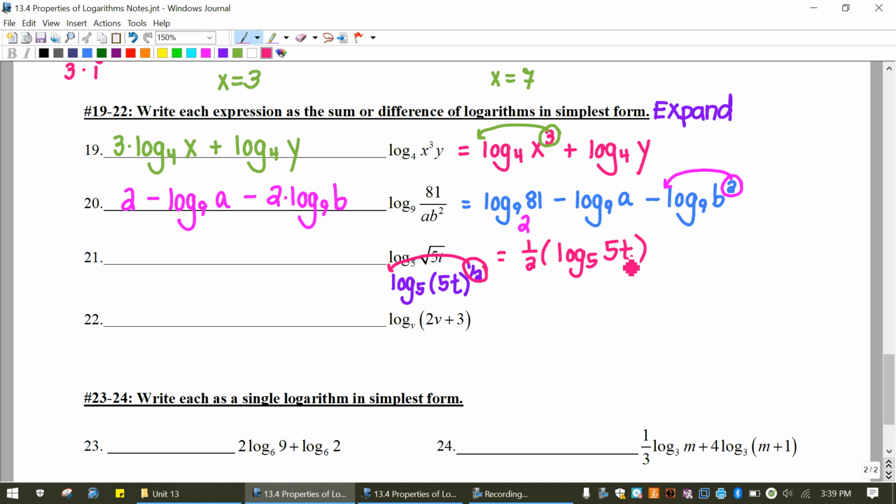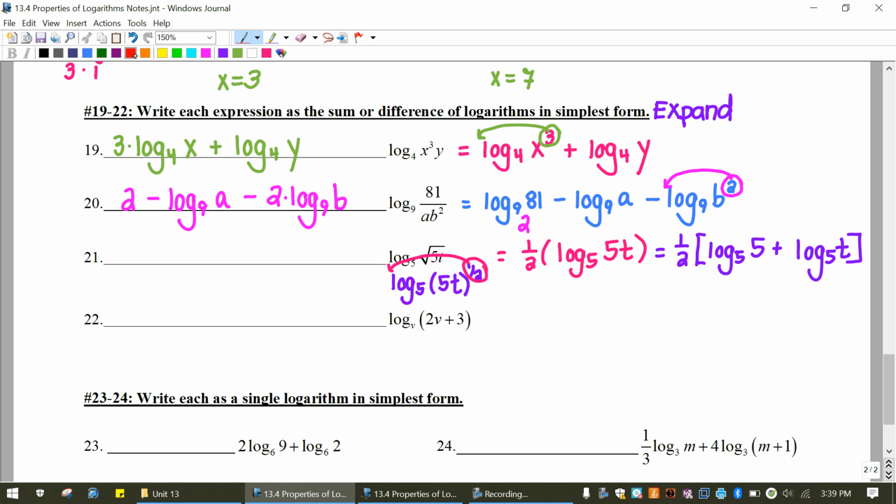And now I've got a product inside here that I need to deal with. So I've got that 1/2 still in front, and then I'm going to give 5 its own log and t its own log. So log base 5 of 5, it's a product, so I'm adding, and log base 5 of t.